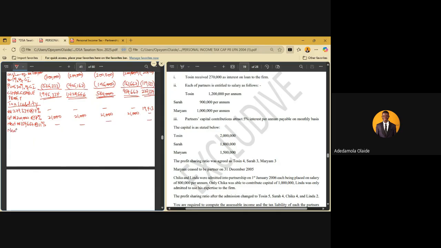Then the next 284,000 at 11%. Then the next 300,000 at 11%.